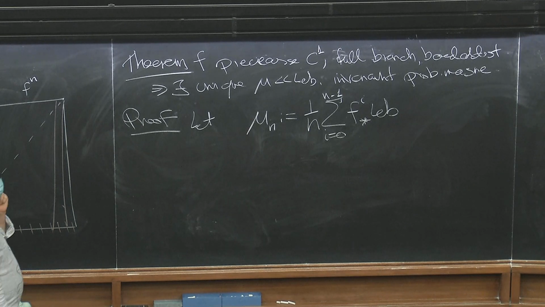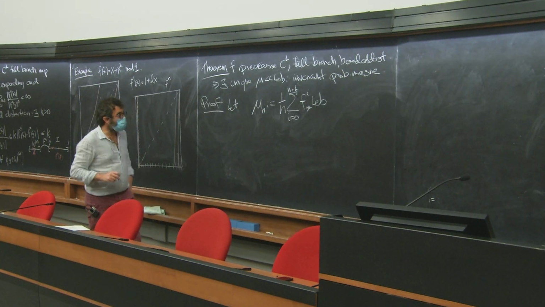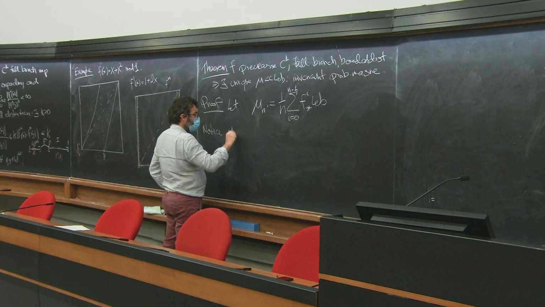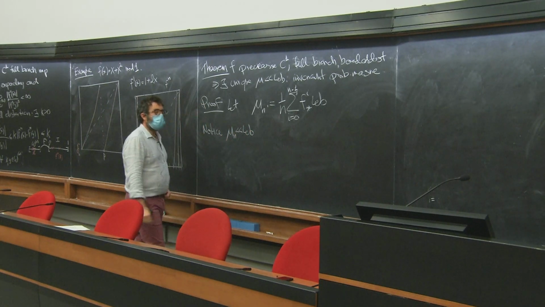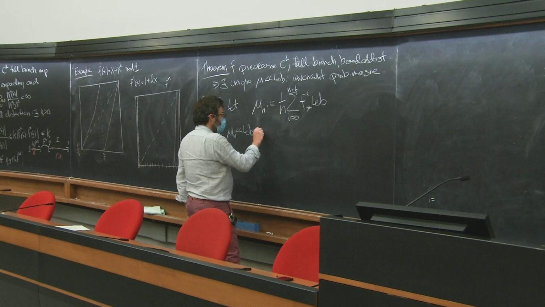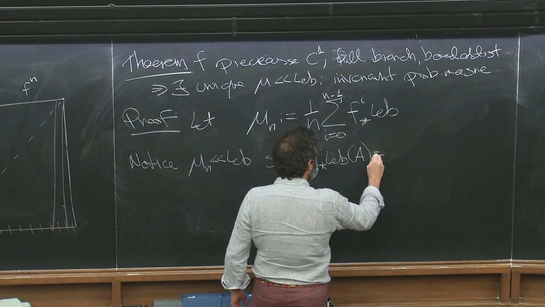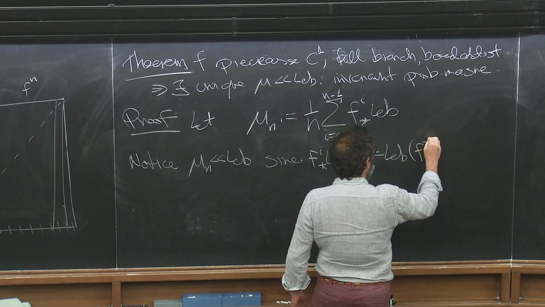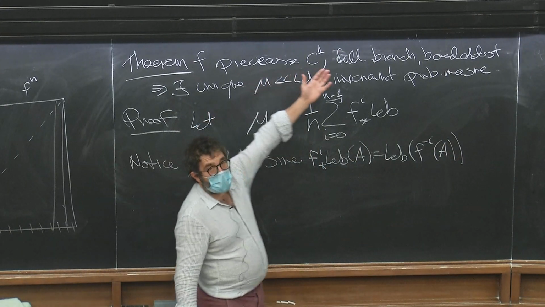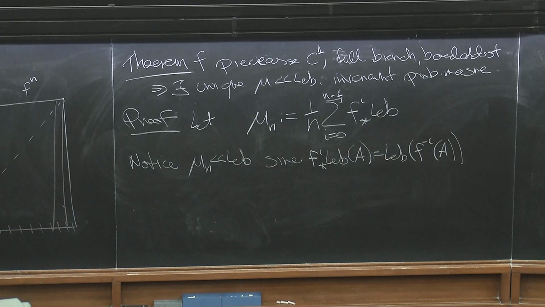So one interesting thing is the absolute continuity. Notice that each mu n is absolutely continuous with respect to Lebesgue, because f star of Lebesgue of some set A is by definition the Lebesgue measure of f minus 1 of A. And this map is piecewise C1, so each branch is a C1 diffeomorphism.